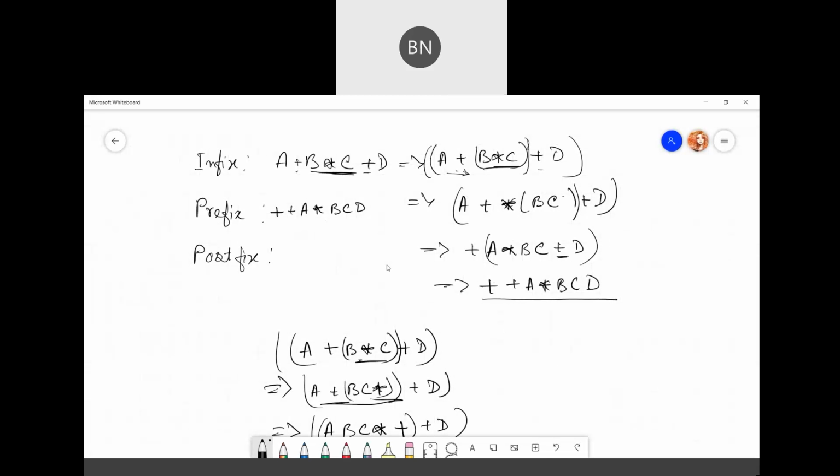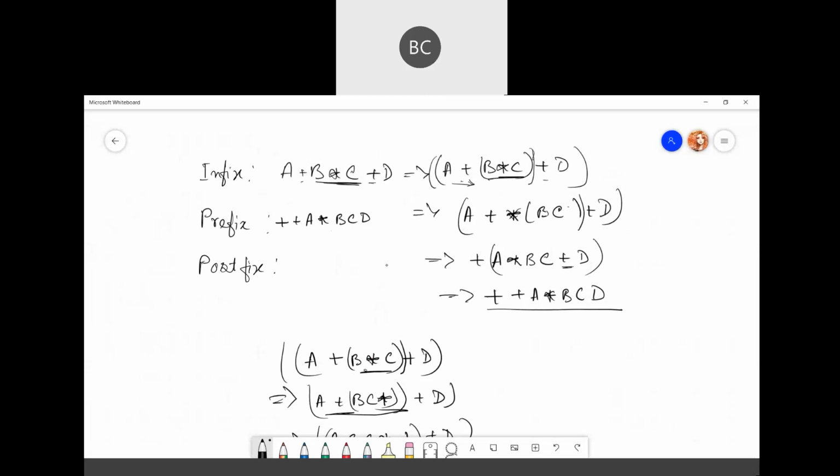So suppose an expression is given like this: A plus B into C plus D. You need to convert it to prefix, and you also have to convert it to postfix. Sometimes questions just say convert infix to prefix or infix to postfix. If this is the expression, you have to know the associativity rule and precedence rule.